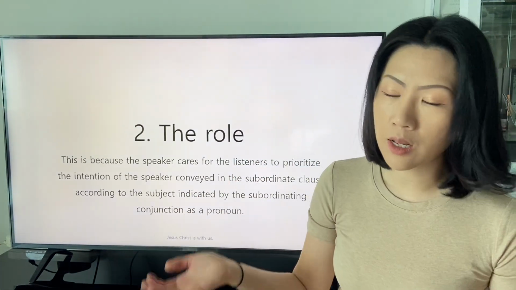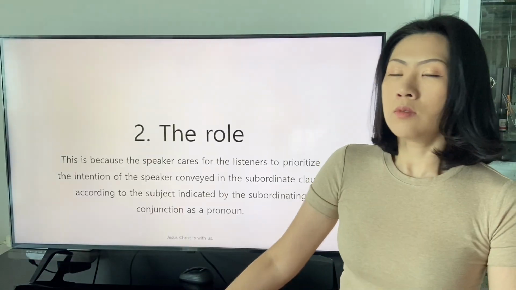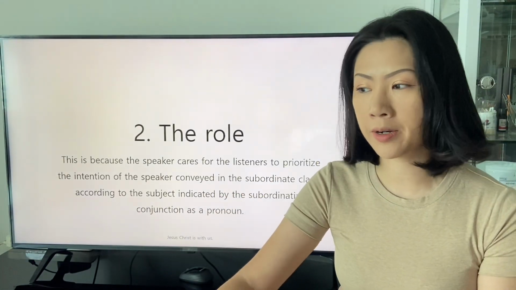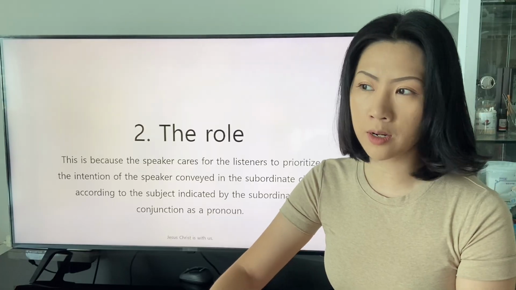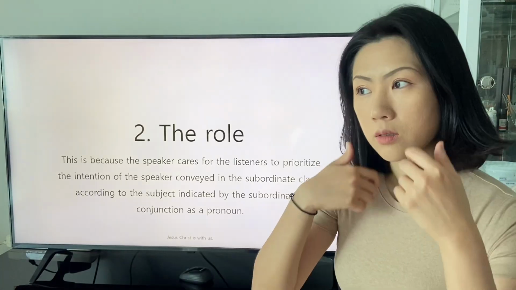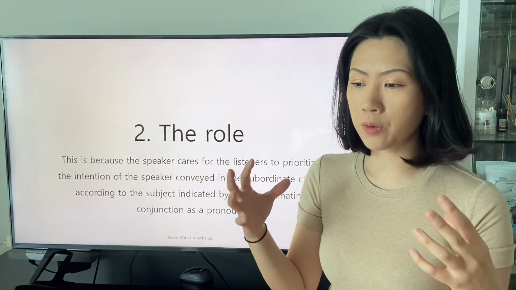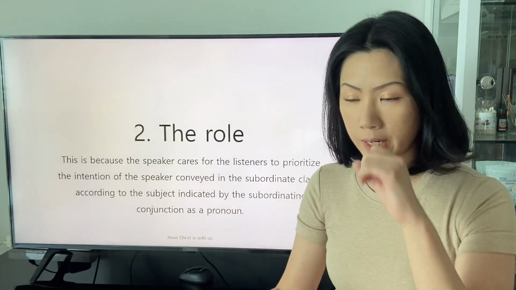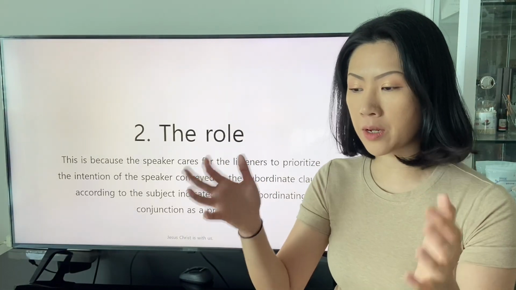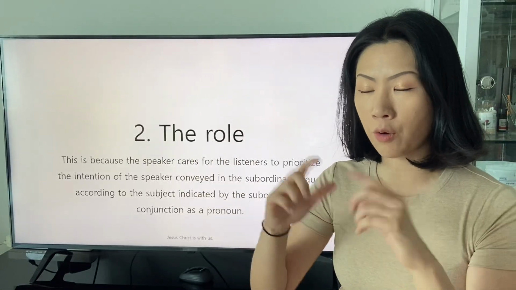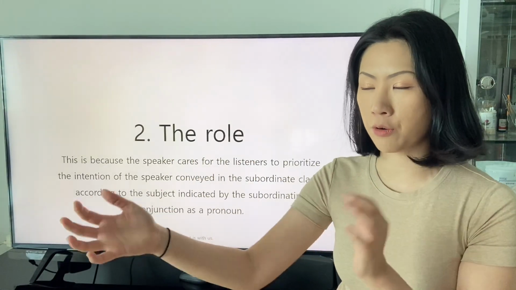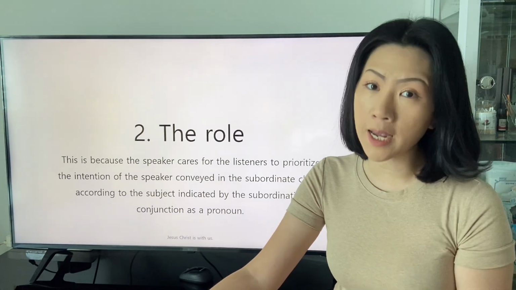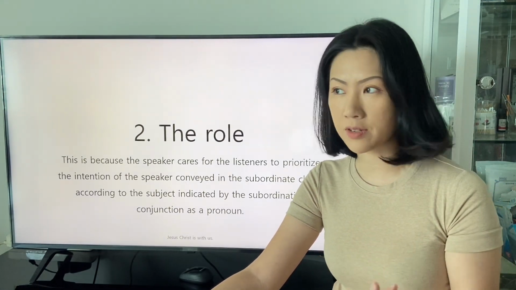In that case, we prioritize the number. The plural subjects are more influential. So the speaker keeps the original form of the general verb when the general verb describes the subject who does not participate in the conversation.